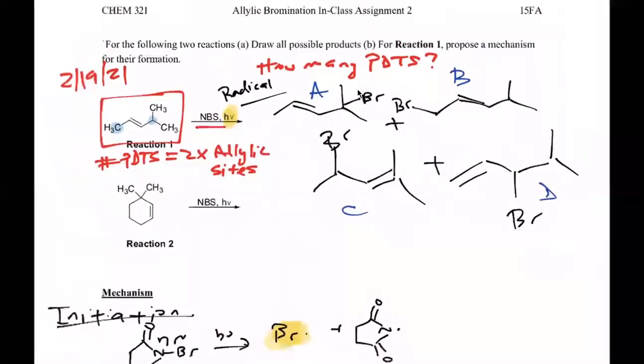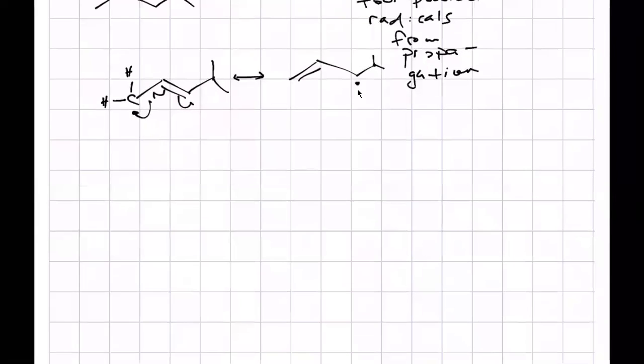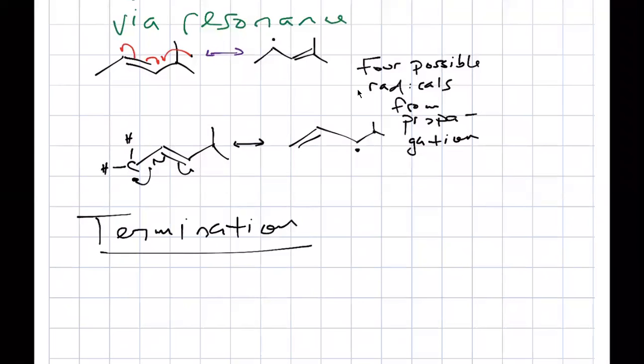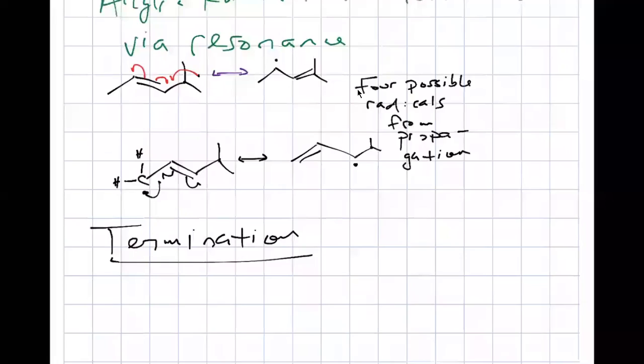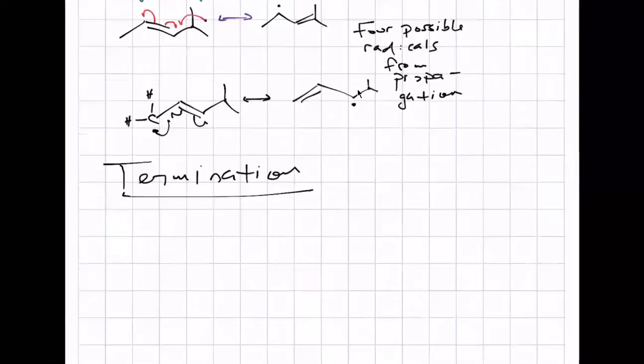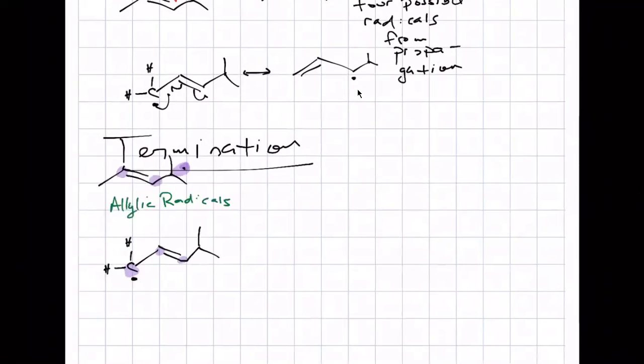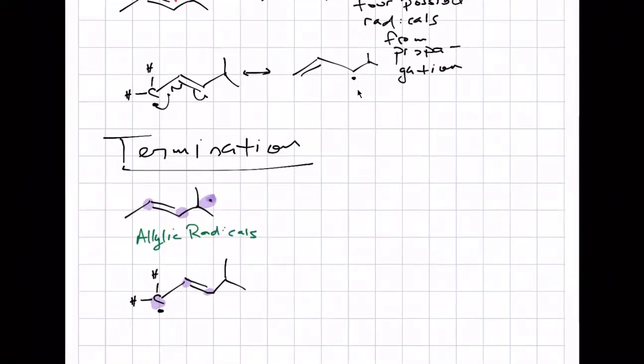Right, so let's go back down here. We have our radicals. So now each one of these radicals is going to terminate with bromine. That's the termination step. Right, so I'm going to take, let's see if I can paste that again, instead of having to rewrite them.